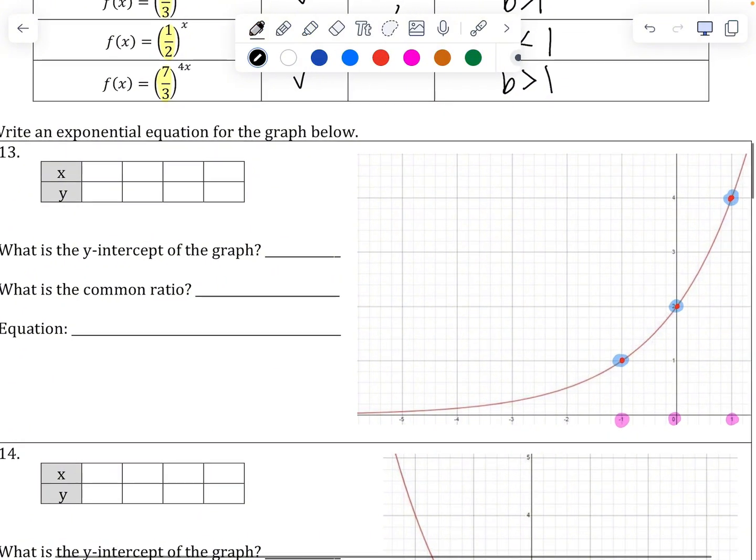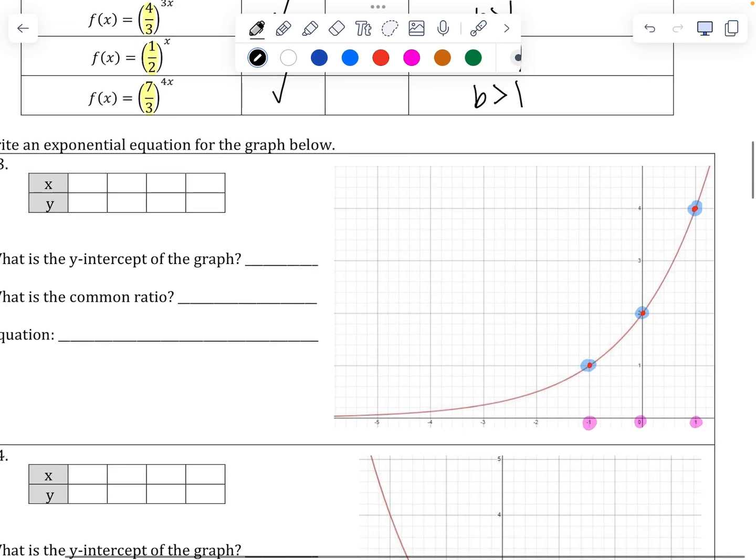So my smallest x value is -1, and it's paired up with the y value of 1. And then for the input 0, I get an output of 2, so it's matched up with 2. And then I have x equals 1, and it's matched up to 4.